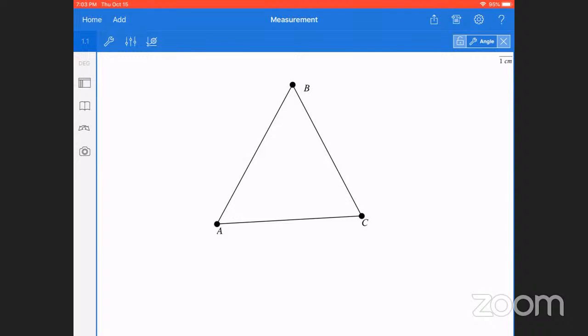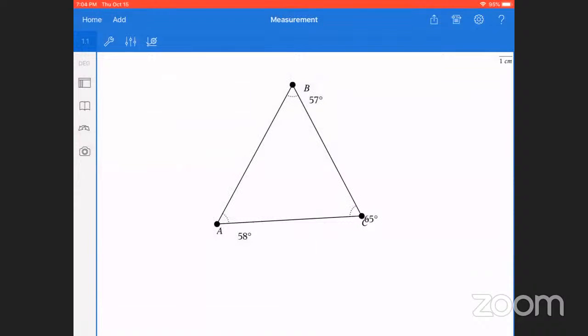So I'm going to tap on B, A, C. And you'll see that they gave us 58 degrees to measure that angle. Then to measure B and C, I'll do the same thing. So we have our wrench, angle, A, B, C to do angle B, and then wrench, angle, B, C, A to do angle C.